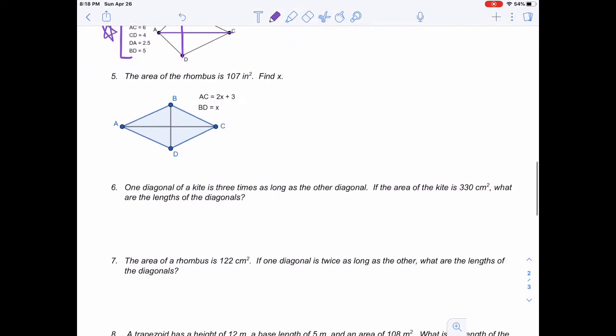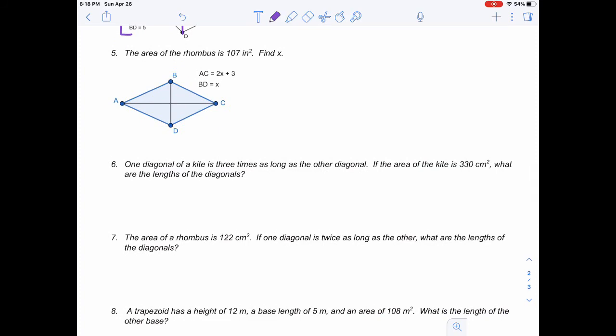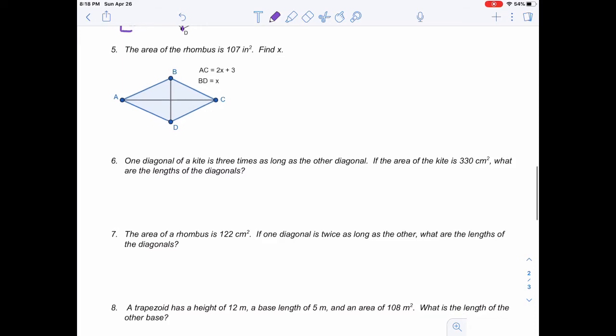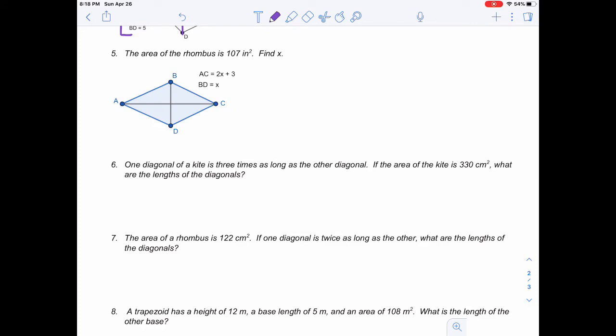Okay, so moving on to number 5 here, we have the area of a rhombus is 107 inches squared, and we need to find x. So the reason we're going to do this together is because we're going to be actually using the quadratic formula, and I know it's been a while since you guys have used it.